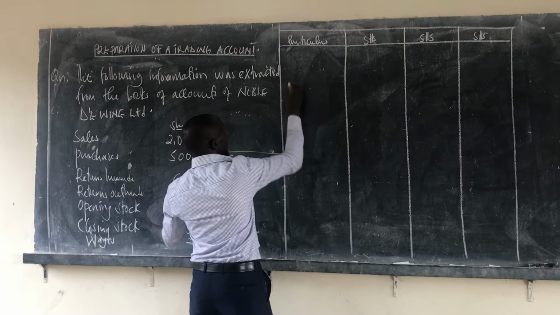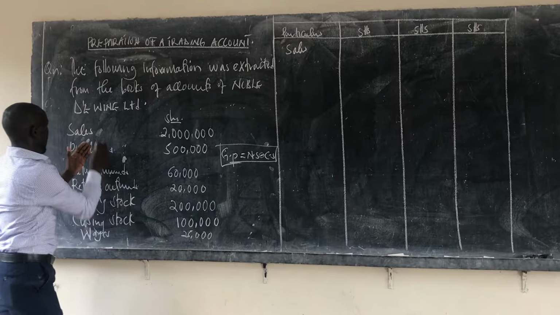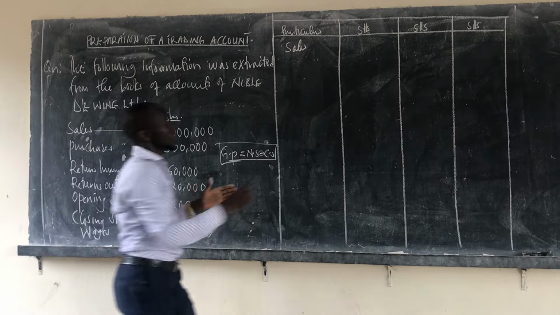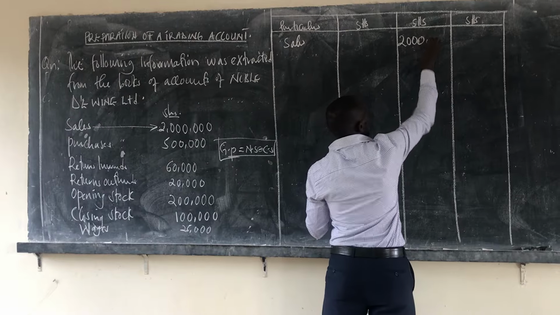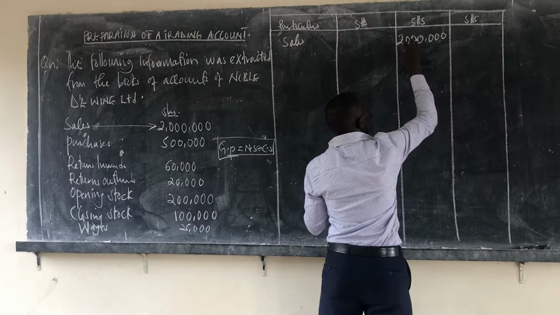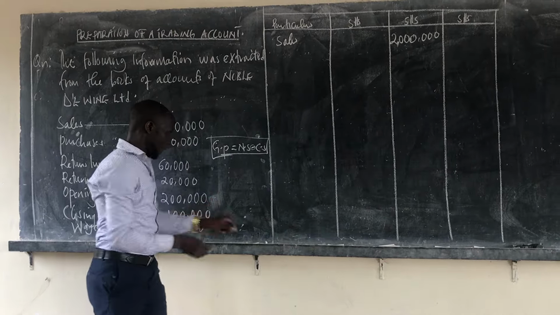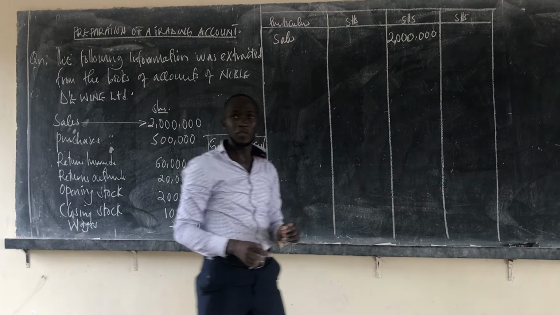So when you look at this information, we have the sales. The sales are worth 2 million shillings. So you put the amount in the second amounts column. It is not a joke. When you see me separating the figures, it is paramount as well.